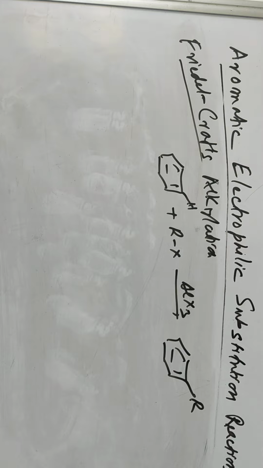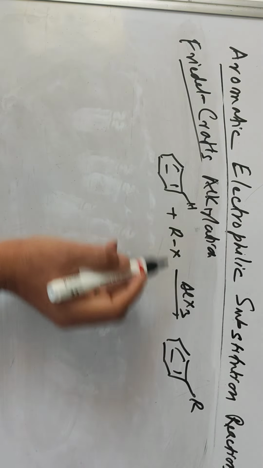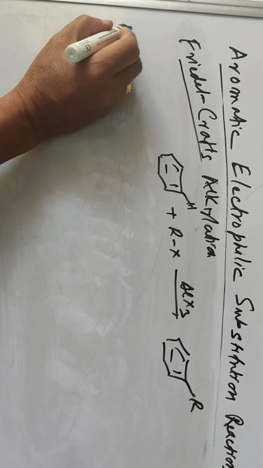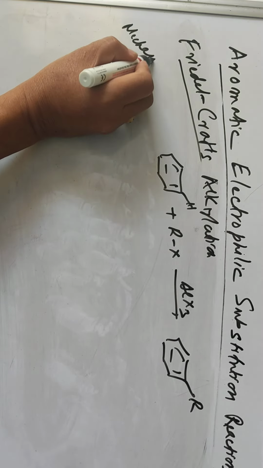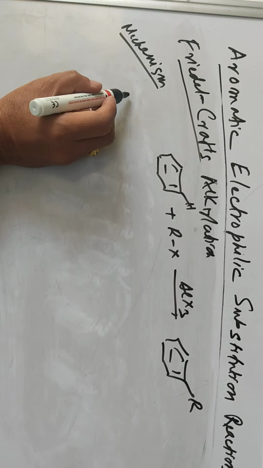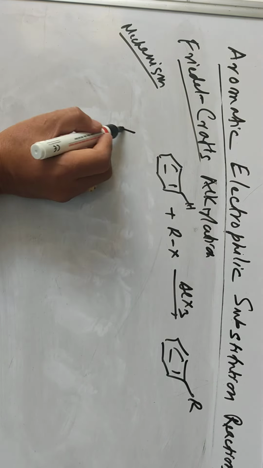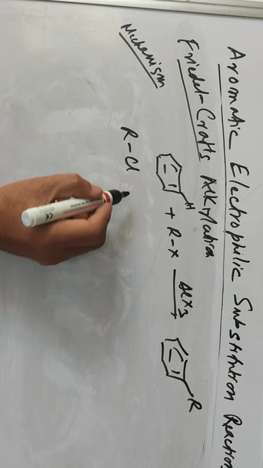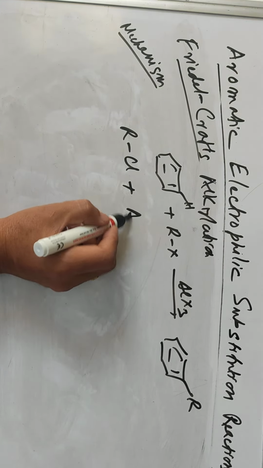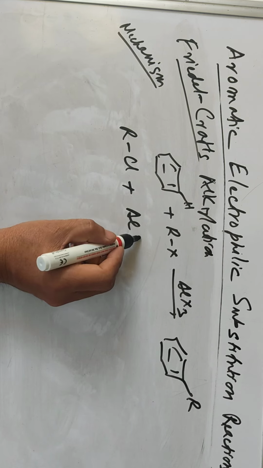So let's discuss the mechanism of the reactions. Benzene reacts with RCl in the presence of aluminum chloride. First, let's say X is chlorine. The first reaction is with AlCl3.